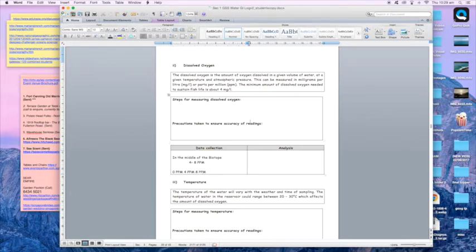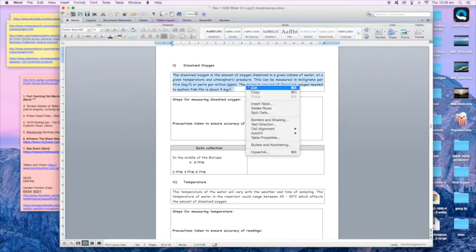So for the analysis: dissolved oxygen is the amount of oxygen dissolved in a given volume of water at a given temperature and atmospheric pressure. This can be measured in milligrams per liter or parts per million. The minimum amount of dissolved oxygen needed to sustain fish life is about 4, so you just need 4 to sustain fish life. The water ranges from 4 to 8. Did they say anything about it being bad if it's too much? So far, no, but it mentioned that the minimum amount needed is at least 4.